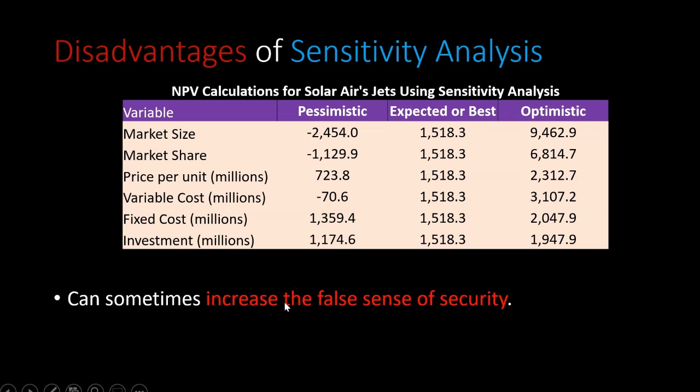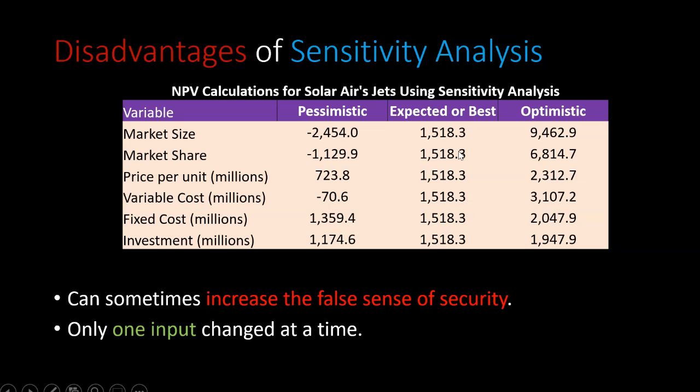And the other major disadvantage of a sensitivity analysis, and I'm sure you've got this by now, is that you only change one input at a time, right? So when you're doing this analysis, you're only changing market size, keeping everything else constant, or just market share, keeping everything else constant. But sometimes you can have specific scenarios in which you might expect all the numbers to change at once.